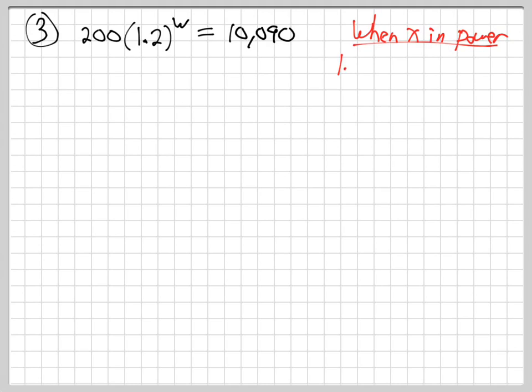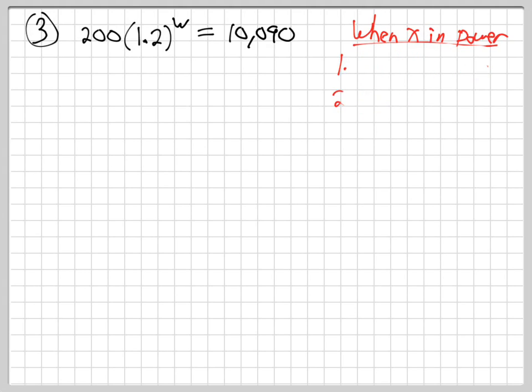200 times 1.2 to the w equals 10,090. So here's the game plan. When x is up in the power zone, step number 1, ln both sides. Step 2, oh, well, actually, let me try again.